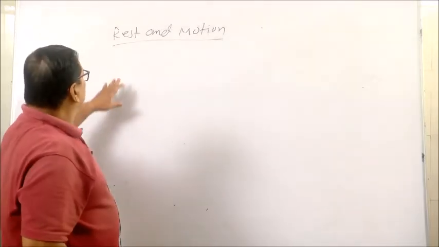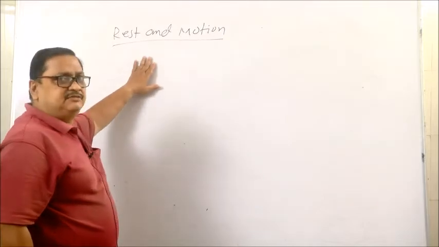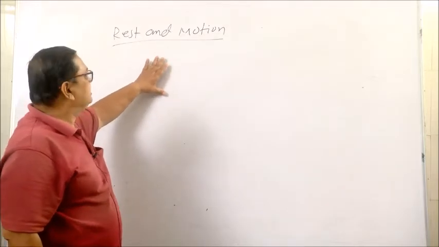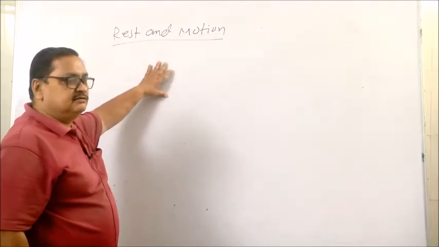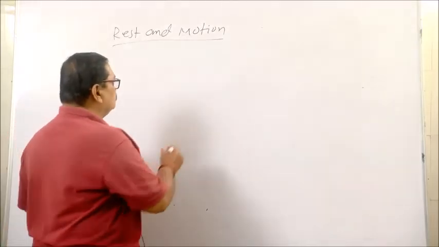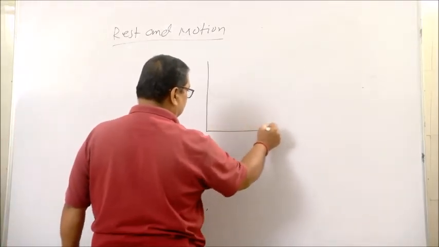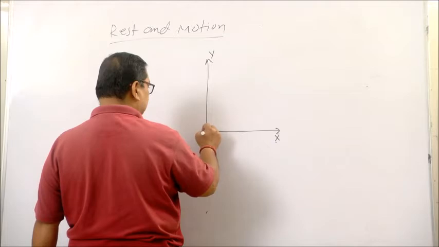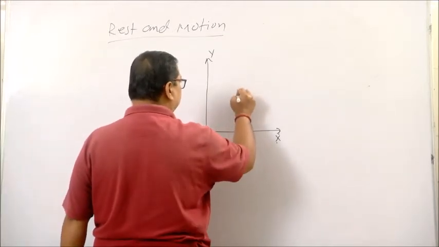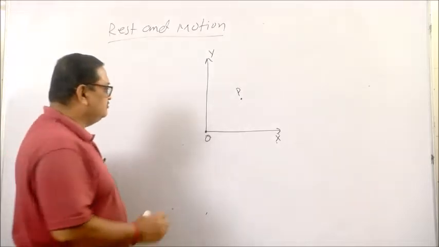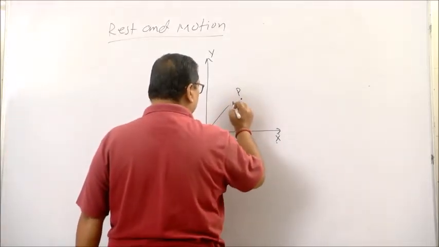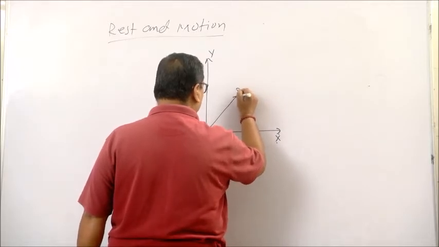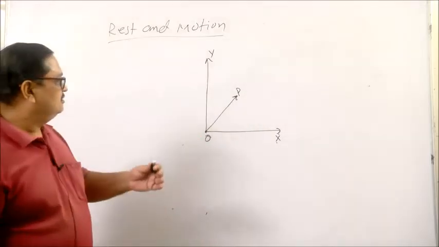So, you see, a body is at rest means the position of the body will remain constant or will not change with reference to any fixed point or reference point. Suppose this is the x axis, this is the y axis, this is origin O. Suppose this is point P. You measure the distance from O to P at some time interval, say every 10 seconds.